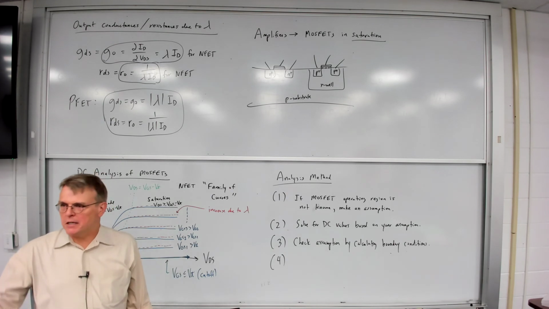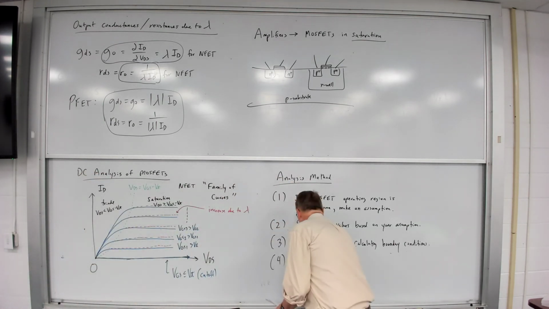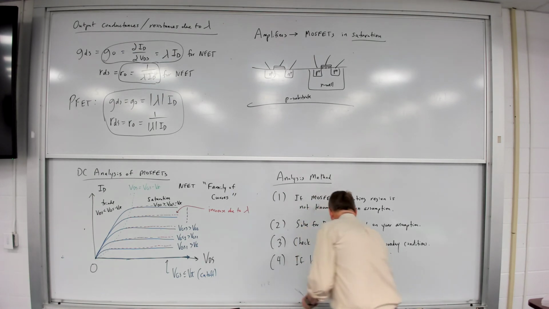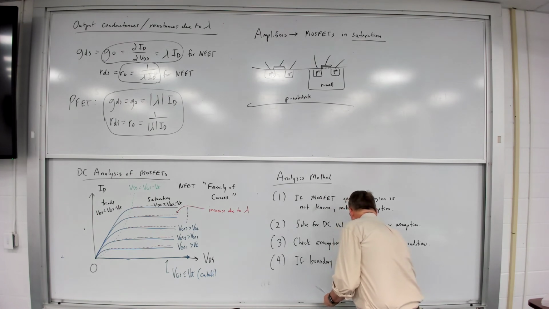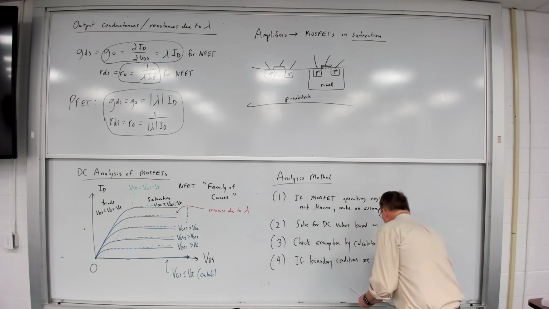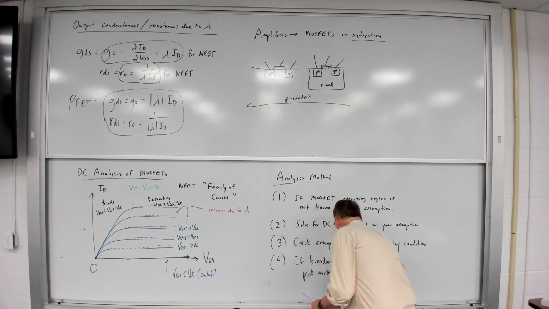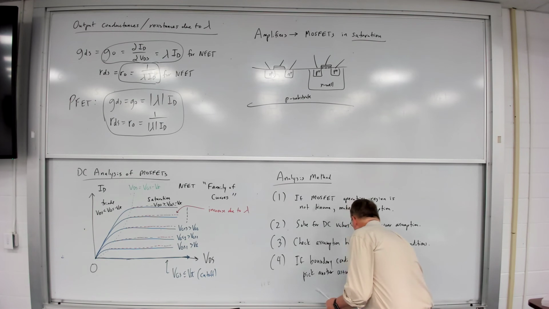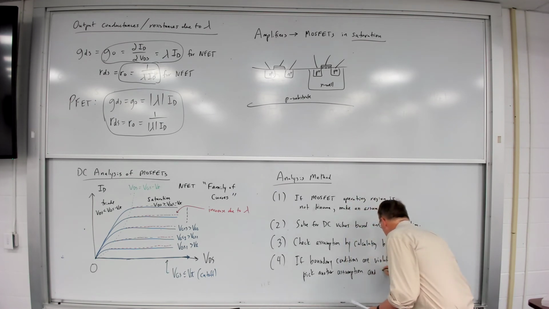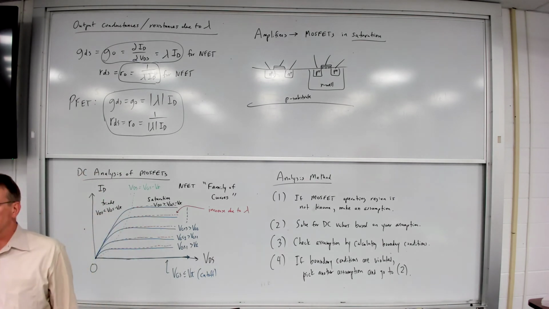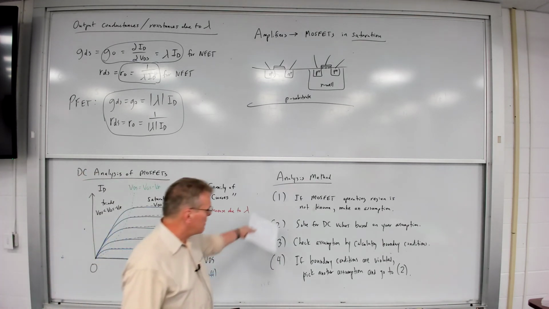Pick another assumption and check that one. So if I violate my boundary conditions, obviously my assumption is invalid. Pick another assumption, go back to 2.